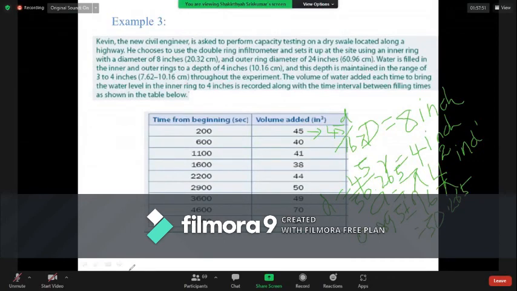Then you have to calculate the infiltration rate. So infiltration rate is infiltration over time. So what is the time? It's 200. So again, you have to divide by 200.